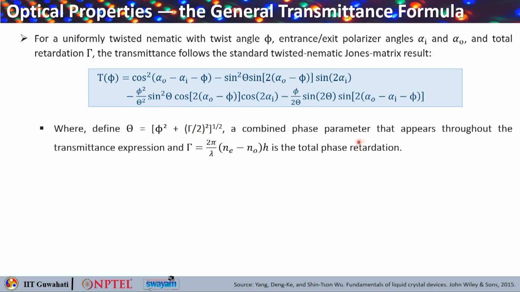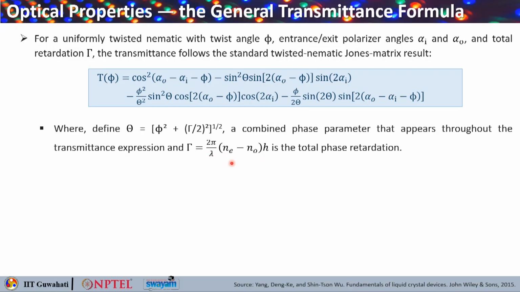So this is a combined phase parameter that appears throughout the transmittance expression, and this gamma is the total phase retardation, calculated as 2 pi by lambda times the difference between the extraordinary and the ordinary refractive indices, multiplied by the cell gap or the cell height.